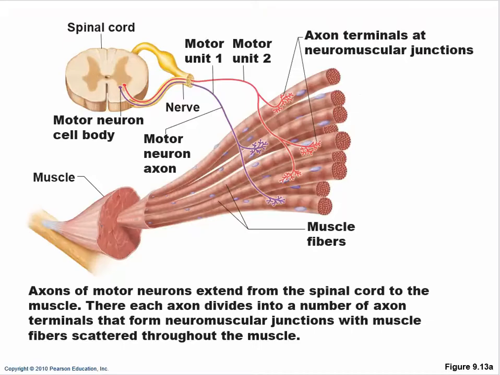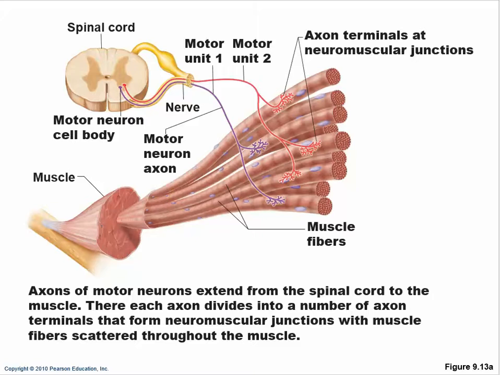Here's a picture of what it ends up looking like. In this picture, there are 2 motor units, and you'll see that they're within the same fascicle, that each muscle fiber is supplied by either the red motor neuron or the purple motor neuron.